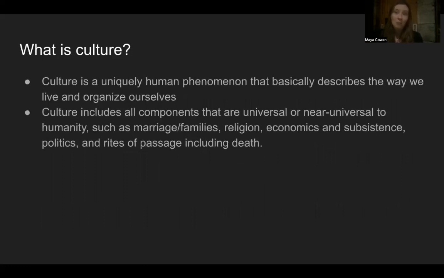So what is culture? Good cue. Culture is a uniquely human phenomenon that basically describes the way we live and the way that we organize ourselves, and really everything that we do as people: the practices we do, the traditions we have, the ways that we group ourselves, the things we believe, the things we say.